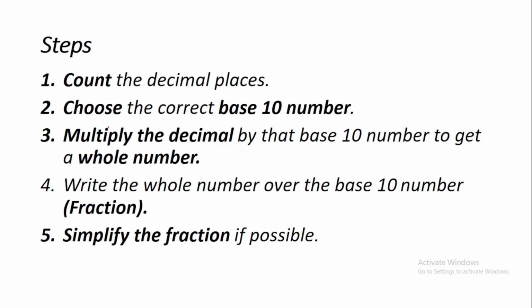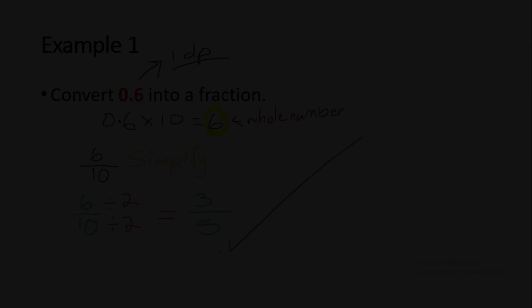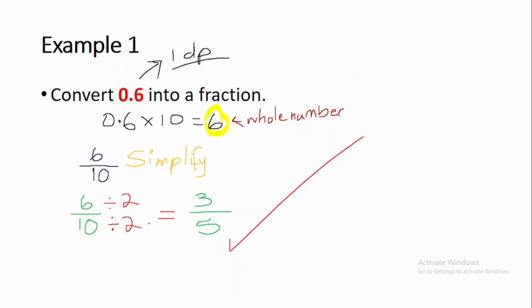After that, we multiply the decimal by the base 10 number. So the 0.6, we multiply that by 10, and after we get that whole number, we write the whole number over the base 10 number, and that's how we have our fraction. And the last thing we have to do is simplify that fraction in order to get our 3 over 5.